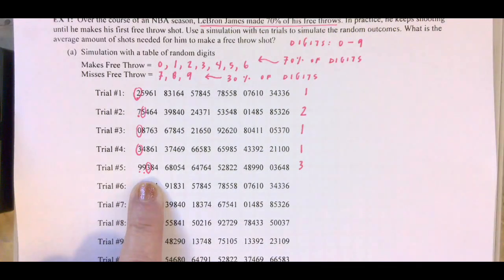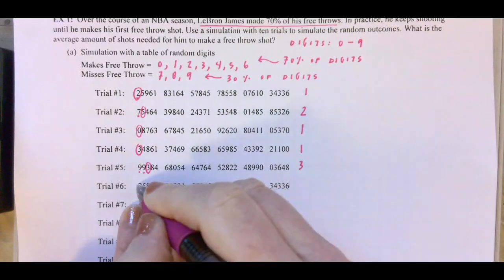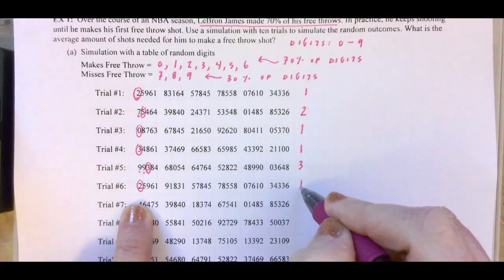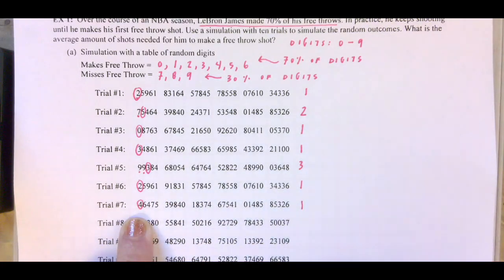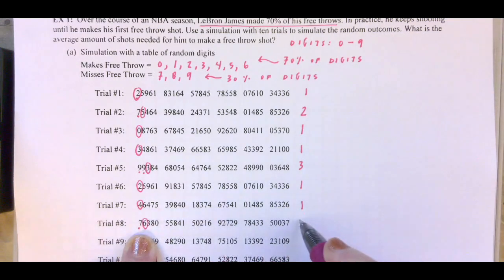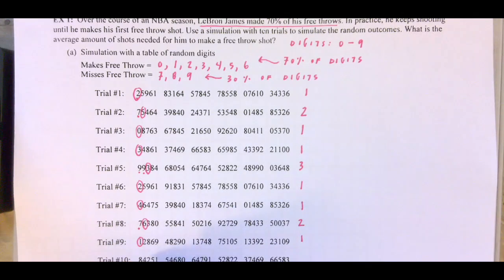Okay, and then going down through it, made it on the first try. Made it on the first try. Missed, but then made it on the 2nd try. Made it on the first try. Missed, but made it on the 2nd try.